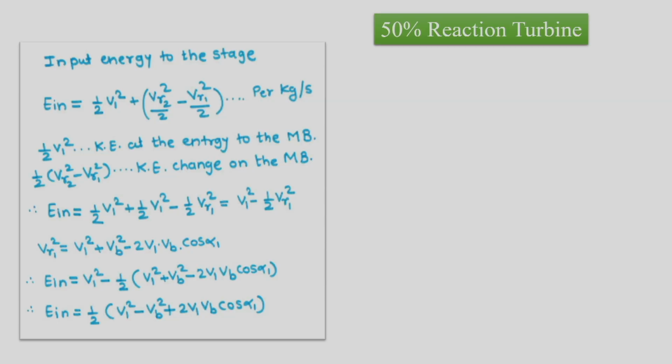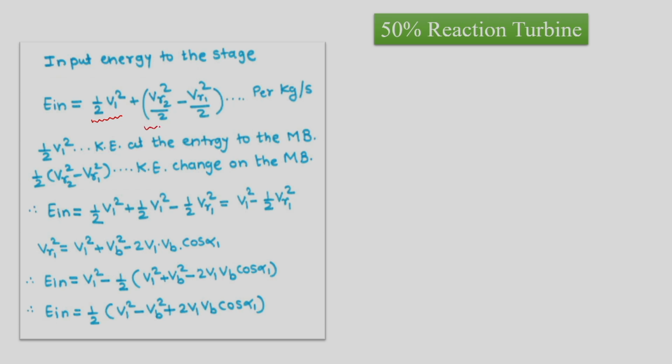In the reaction turbine we have enthalpy drop in the moving blades and in the nozzle or the guide vanes also. So since in the stationary blades also we have enthalpy drop and we have enthalpy drop in the moving blades, we have to account for the enthalpy drop in the moving blades. So this is the kinetic energy at the entry to the moving blades, and that is trivial since that was also available in the impulse turbine.